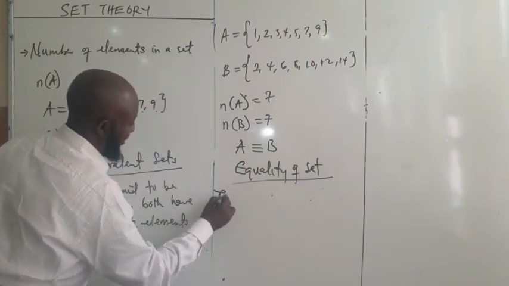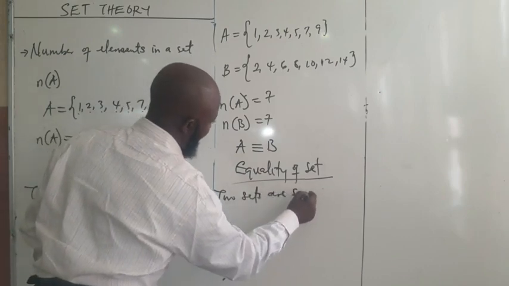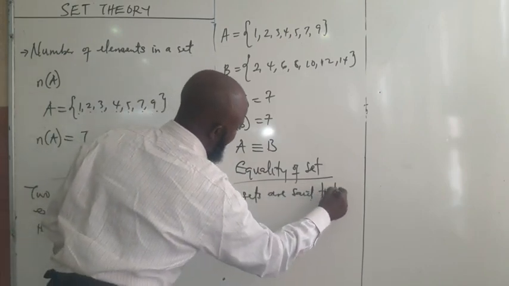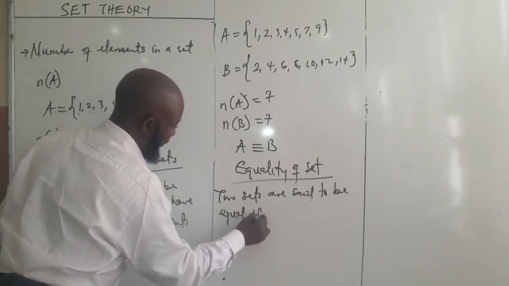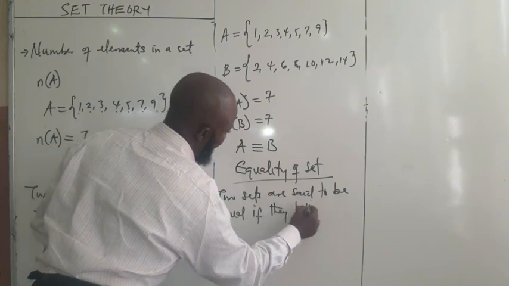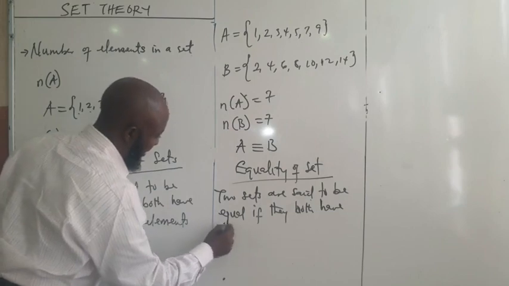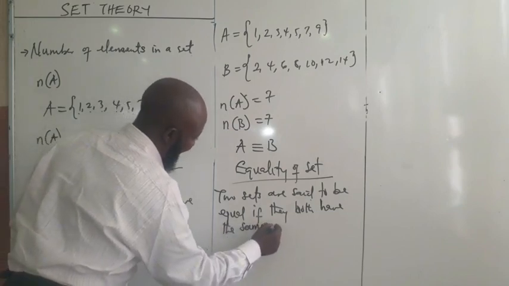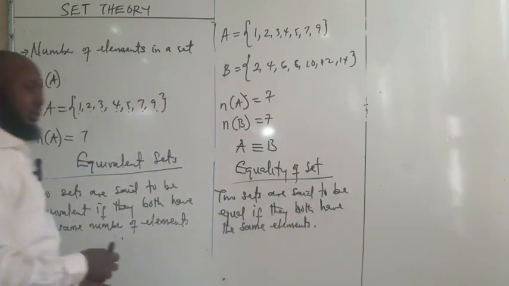So we can write that as: two sets are said to be equal if they both have the same elements. That's it.